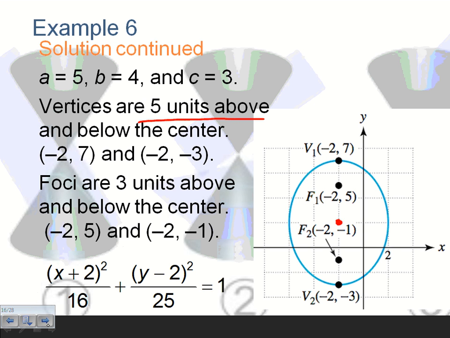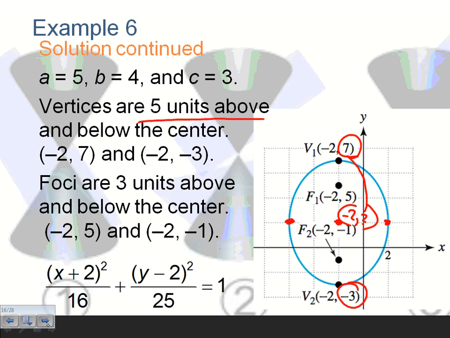So if I'm at negative 2, comma 2, and I go 5 units up, I'm just adding to the y value, so 2 plus 5 is 7. 2 minus 5 is negative 3. I can get my horizontal ones relatively easily by adding 3 and subtracting 3.